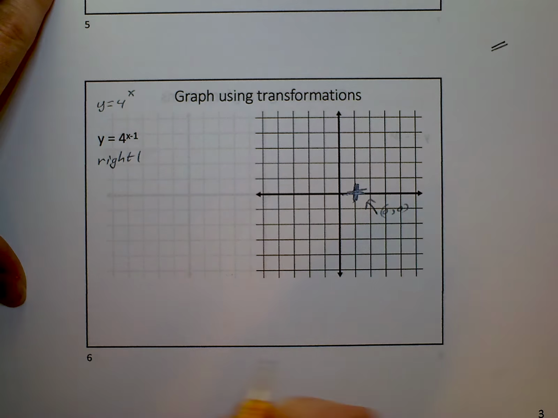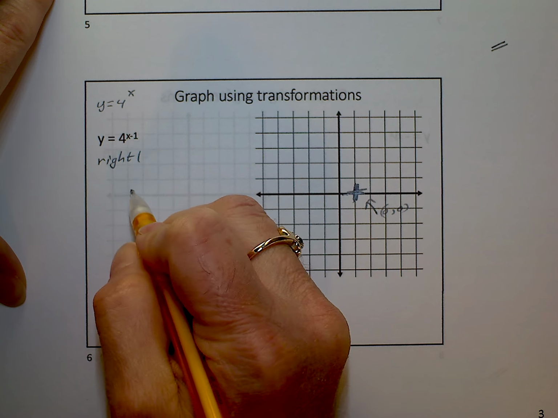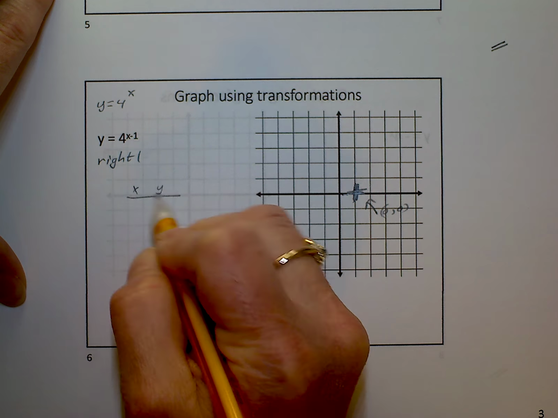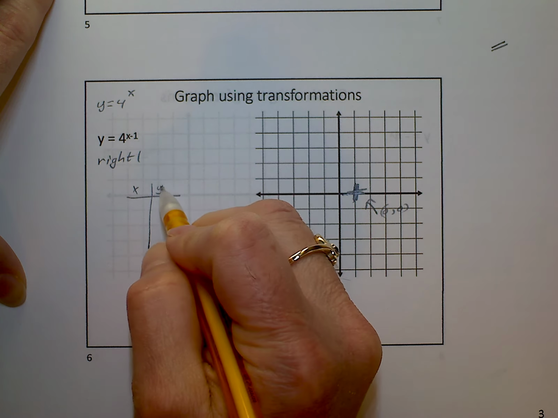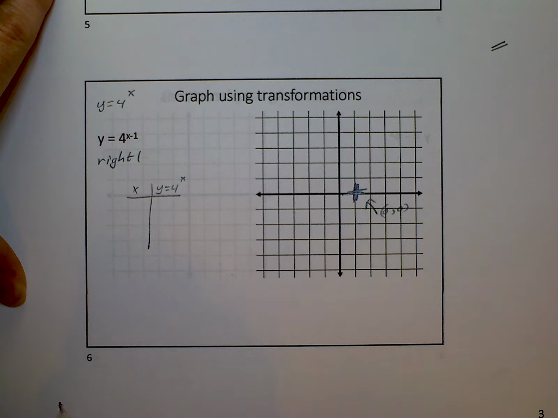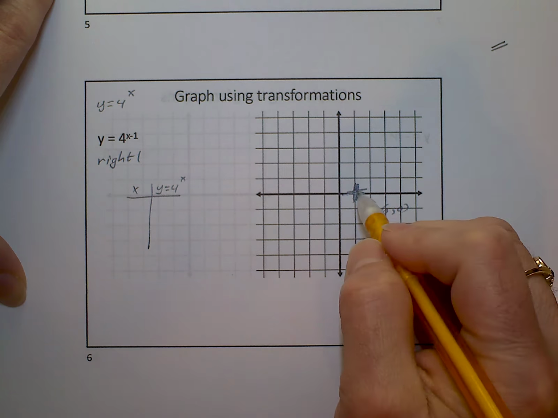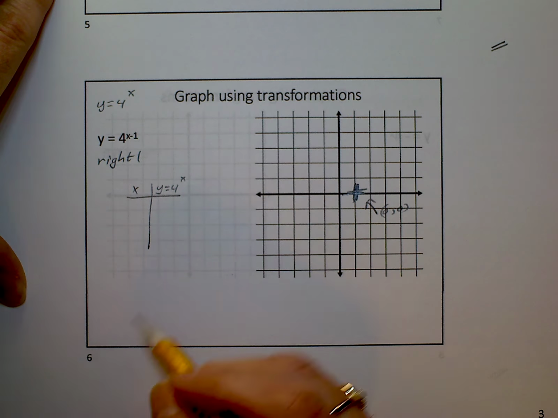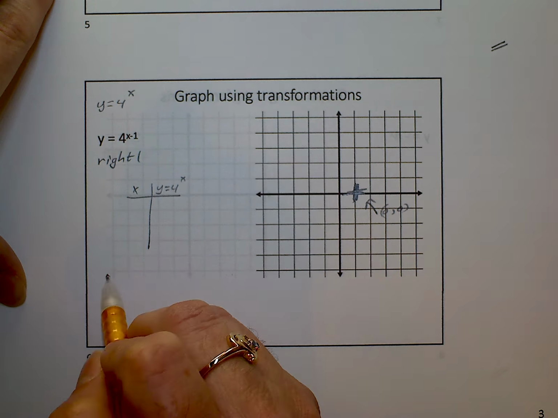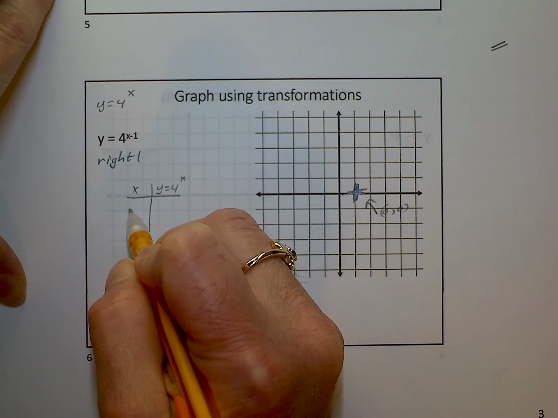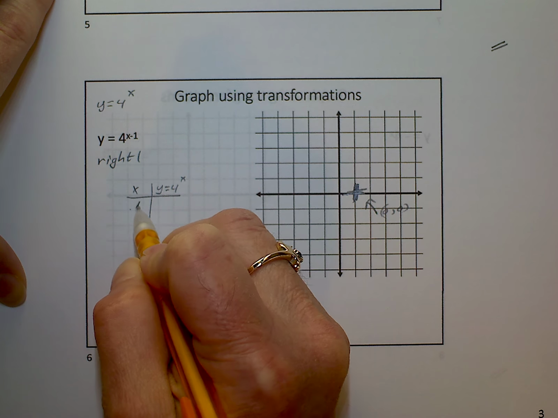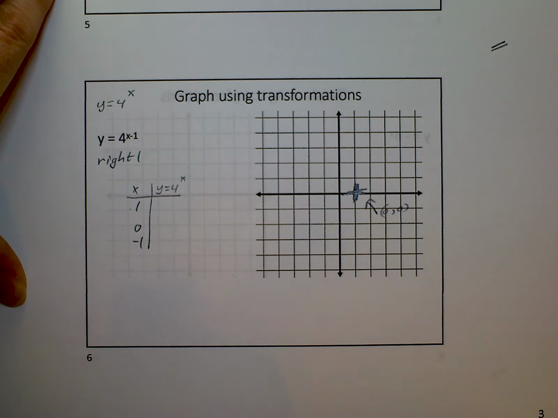So I'm going to move it to the right one, and we're going to call this 0, 0. Now, do you remember that we had 3 very important points? Now that we've moved it to the right one, we're just looking at the function 4 to the x. We're going to graph it here. Moving it to the right one did all of that. We chose 3 values of x that we thought were important, and they were 1, 0, and negative 1.